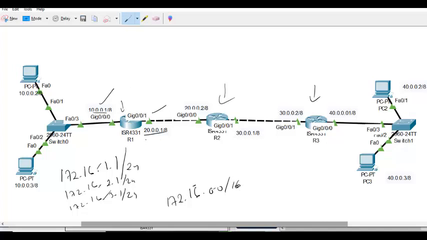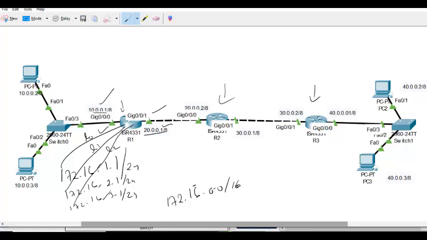See, on one interface, only one IP address you can assign. 2 physical interfaces, I have already assigned 2 IP addresses. So I need 3 virtual interfaces, one for this, another for this, another for this. So I'll name these interfaces loopback 0, loopback 1, loopback 2.